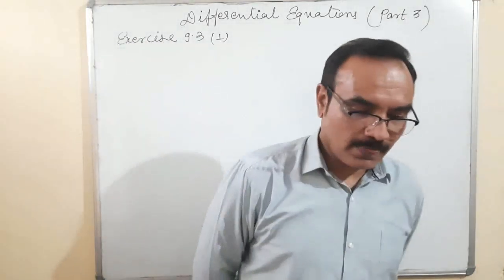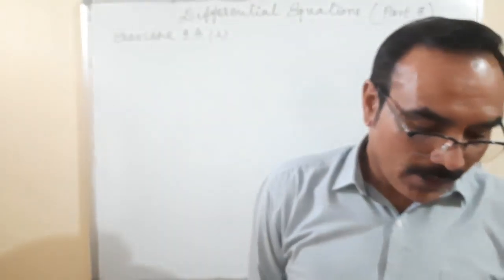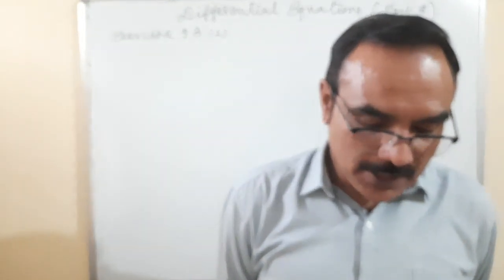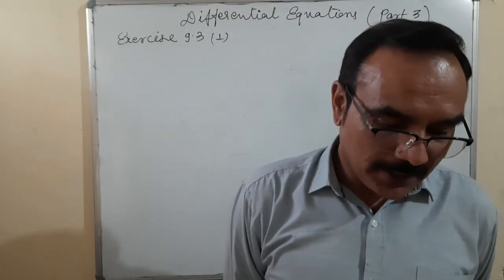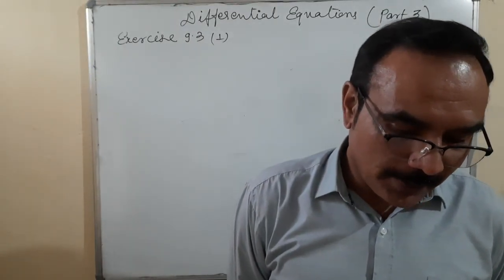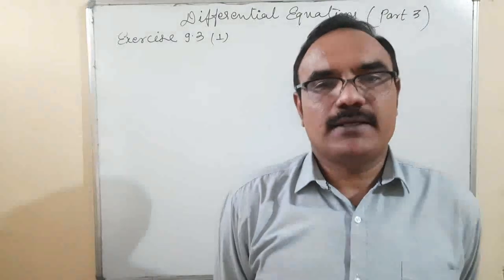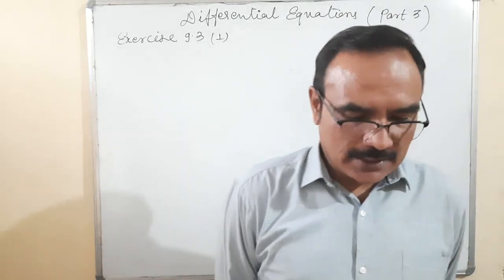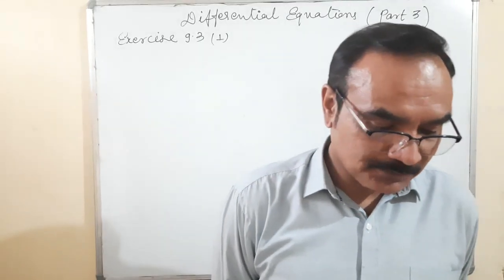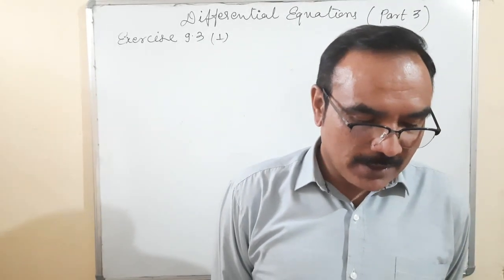Question is, in each of the exercise 1 to 5, form the differential equation representing the given family of curves by eliminating arbitrary constants a and b. Here clearly mentioned arbitrary constants a and b. Constants can be in the form of a, b, c, whatever it is. So from question number 1 to 5, I am selecting some questions.